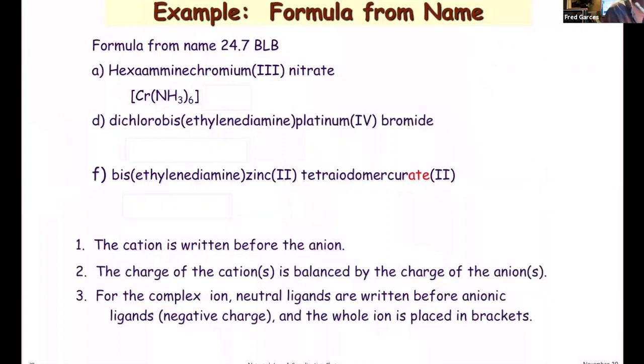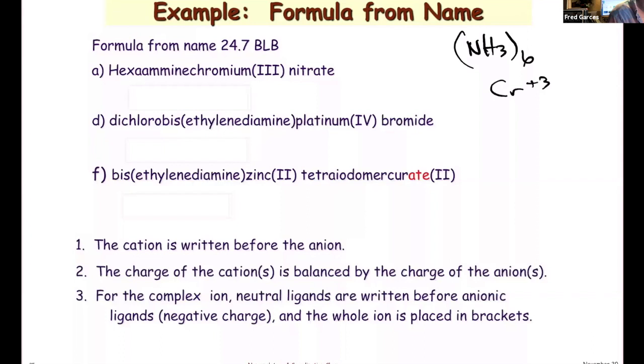Let's look at the name and come up with the formula. Hexaammine means that you've got NH3 6 times. Then we have chromium, a chromium +3, and then we have a nitrate. It doesn't say how many nitrates; you have to figure that out to make this whole thing neutral.